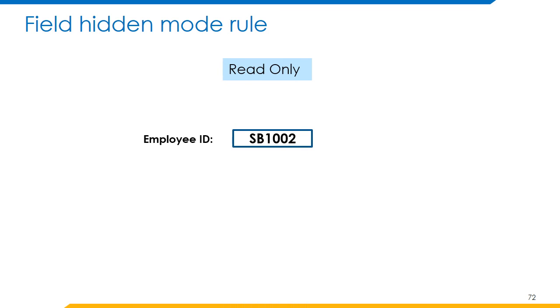The field mode determines whether this field is a read-only field or a writable field. The inputs to this rule are dependent on the context in which it is used, just like any other form related rule.